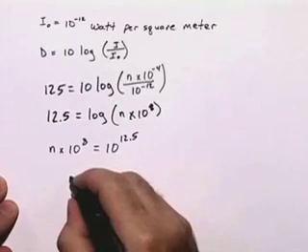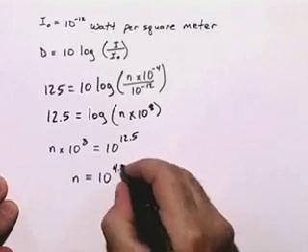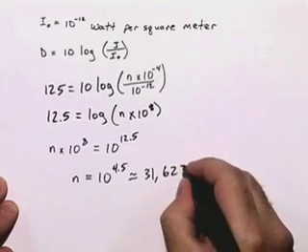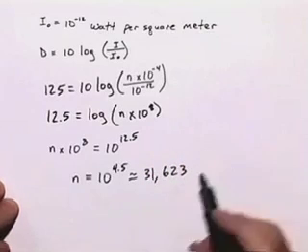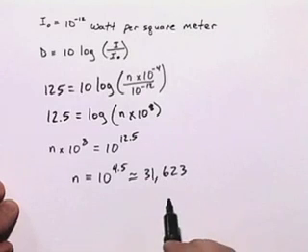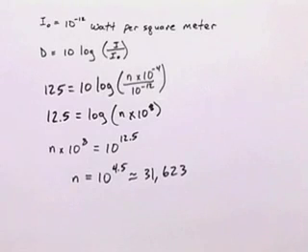Divide both sides by 10 to the 8th, we'll get N is equal to 10 to the 4.5 power, which is approximately 31,623. So if we have 31,623 or more people shouting at the same time, we will meet or exceed the pain threshold of 125 decibels.